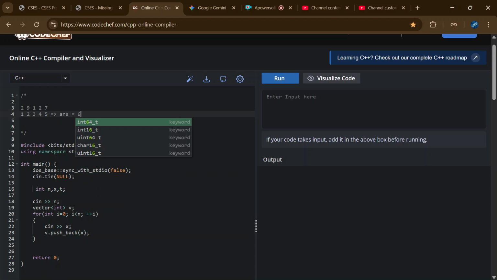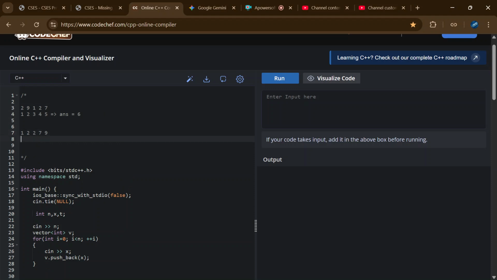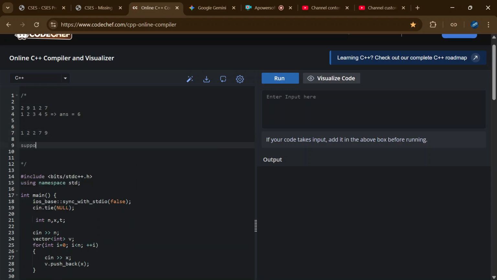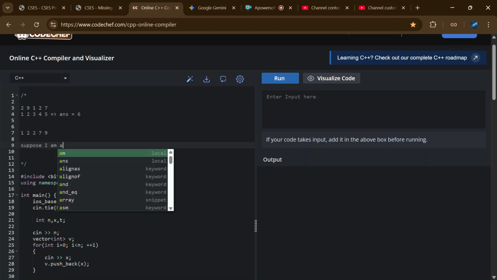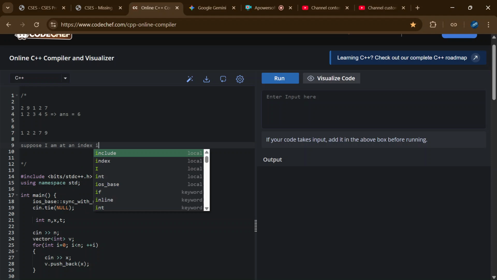So now, what we can think is, suppose I am at an index i, with the array 1 2 2 7 9.